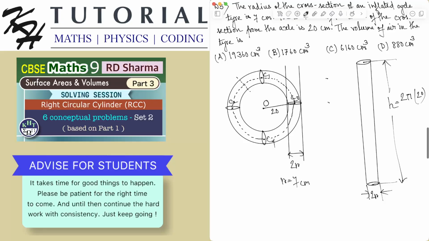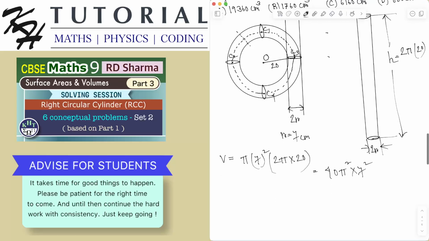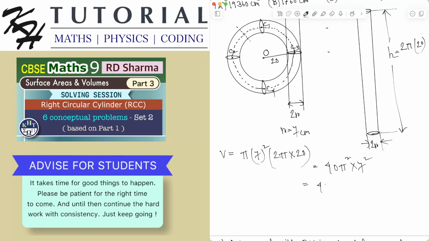So then what is the volume of the RCC? The volume of the RCC is equal to the volume of air in the tire. It will be pi r squared h. What is r? r is 7, squared. What is h? h is 2 pi into 20. So this is equal to 40 pi squared multiplied by 7 squared. Now you will put the value of pi as 22 by 7. So 22 squared multiplied by 7 squared multiplied by 7 squared over 7 squared. The 7 squared cancels out.